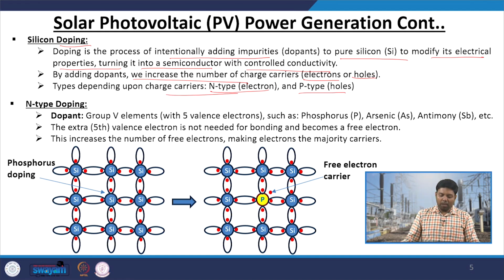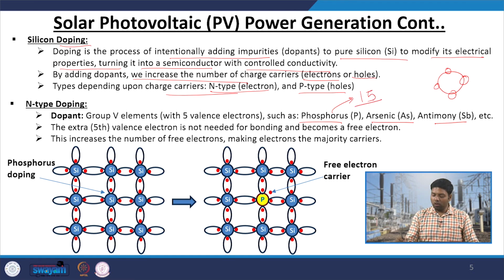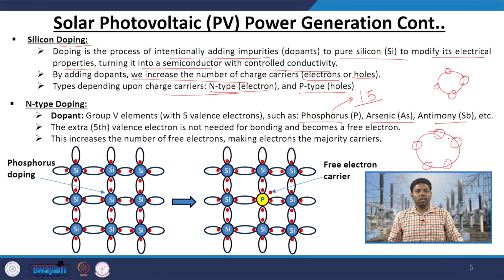For N type doping, mostly we use phosphorus, arsenic and antimony. As I have mentioned, at the outer orbit of silicon you have 4 electrons. Similarly, the atomic number of phosphorus is 15, so it has 5 electrons at its outer orbit.